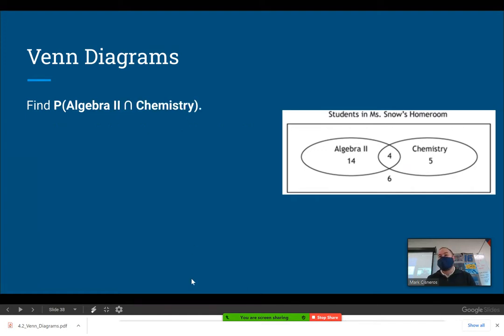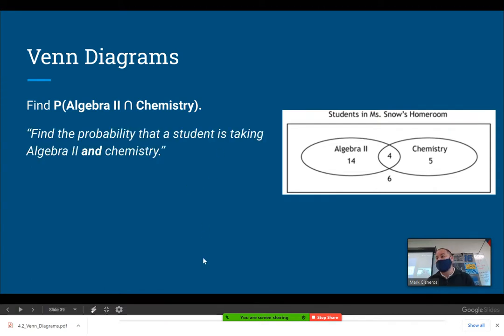Before we get an answer to this, tell me what this means. Probability of what? Look at your notes. Algebra 2 and Chemistry. Now let's narrow down how many students that is.